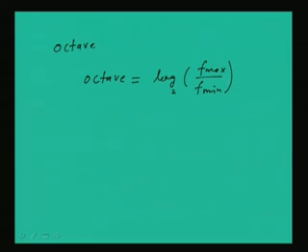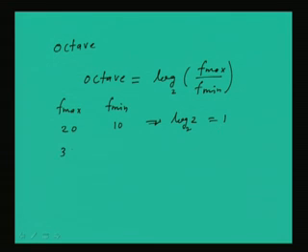So, if we have f max as 20 and f min as 10, then this ratio is 2 now, so log base 2 of 2 is 1.